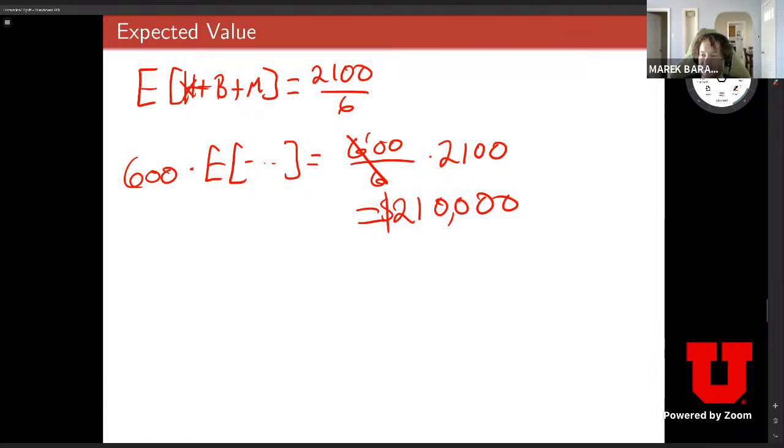Does everyone understand how I got that answer? Yep, okay. I think we're out of time. The last problem, exercise 4, is pretty easy, so I'll just leave that.